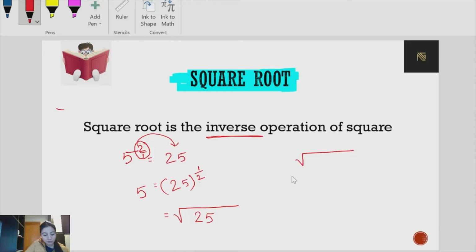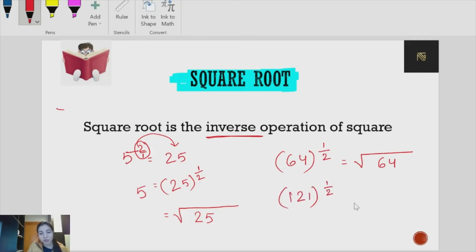Any number which is having power 1 by 2, suppose 64 to the power 1 by 2, we can write it as square root of 64, or maybe 121 to the power 1 by 2. We can represent this one as square root of 121. Clear?